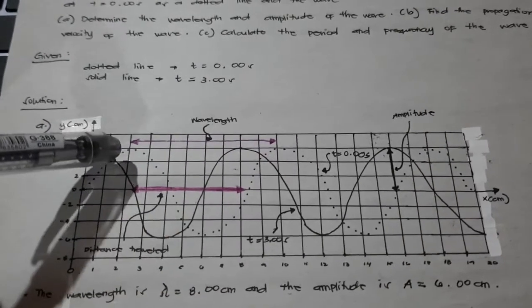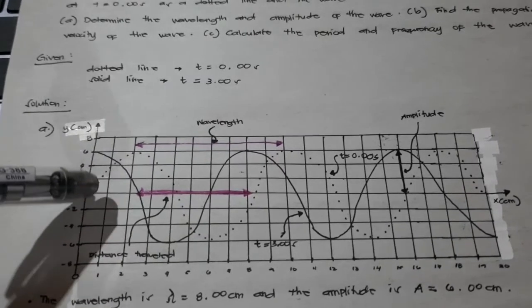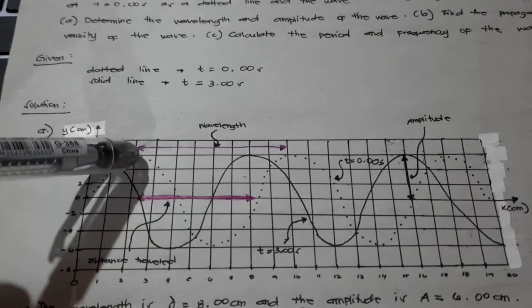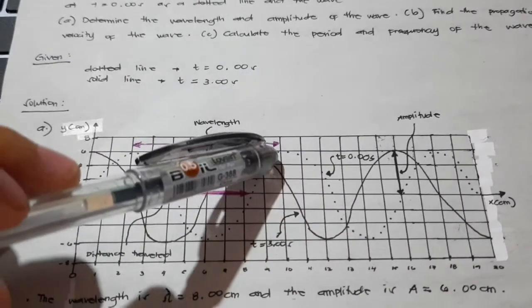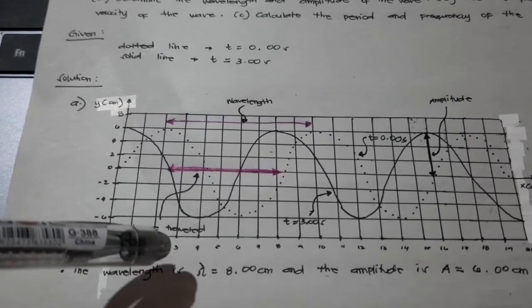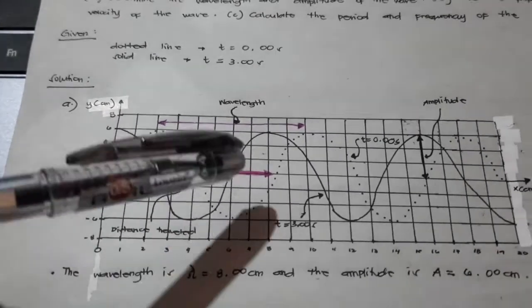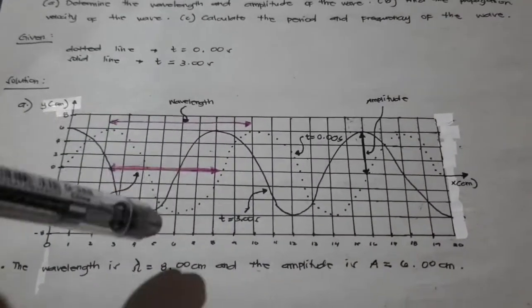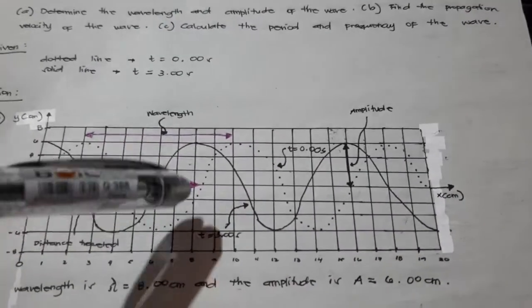From this dotted line, from the crest at the top, the distance traveled is from this to this. Then here is the dotted line.